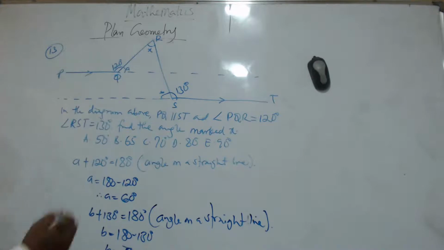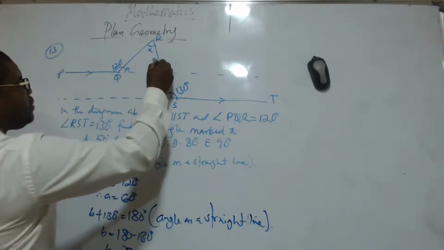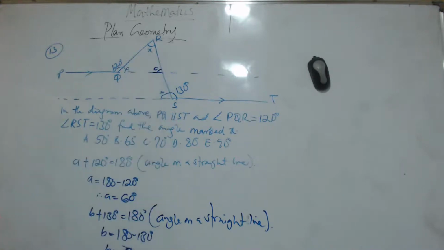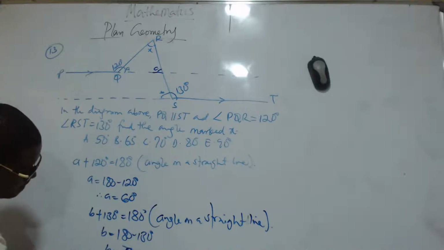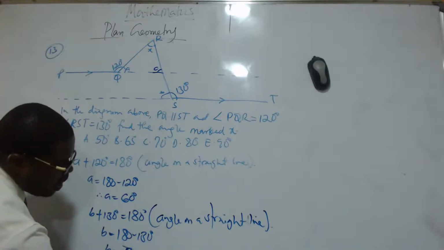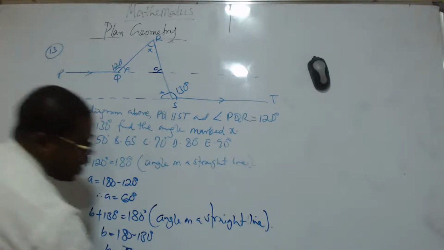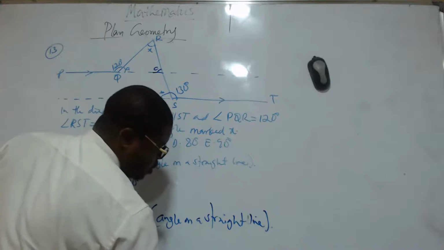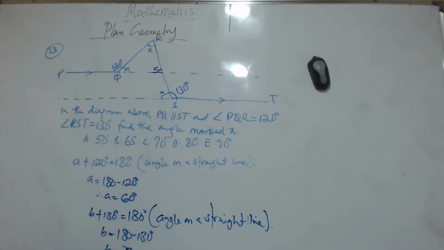Now, how do we get this angle? Now look at this. Name this angle C. So we have C is equal to B. Why? We said corresponding angles are equal. How is it corresponding?